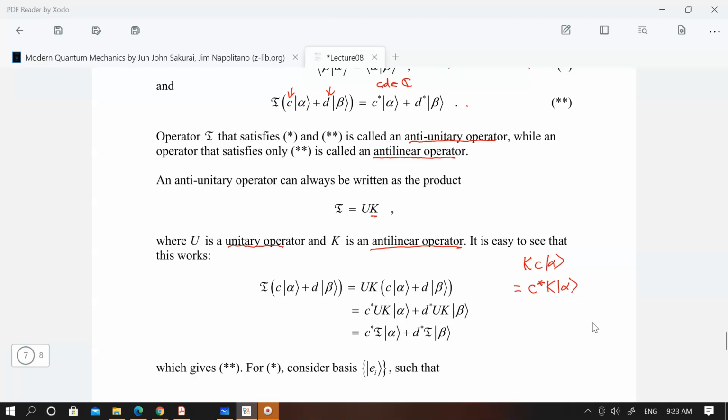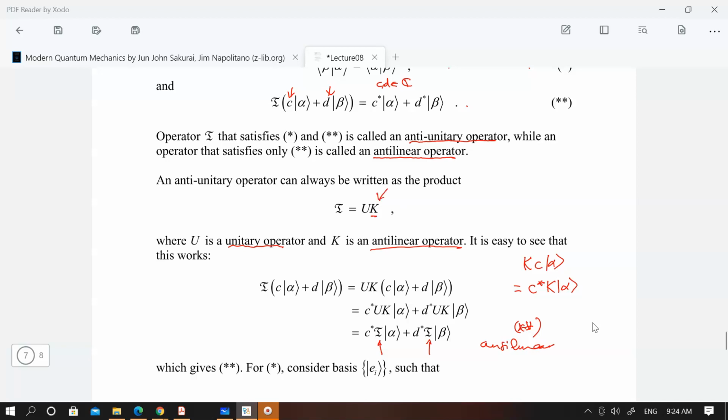So you come back to the point of combining U and K to give you the operator T. That gives you the second condition, double star. This is just your antilinear property, which is coming from the antilinear operator K here.